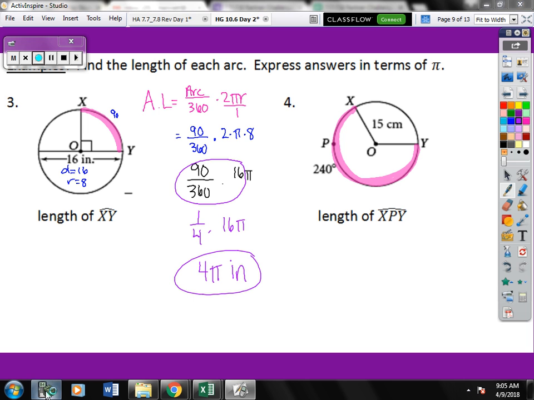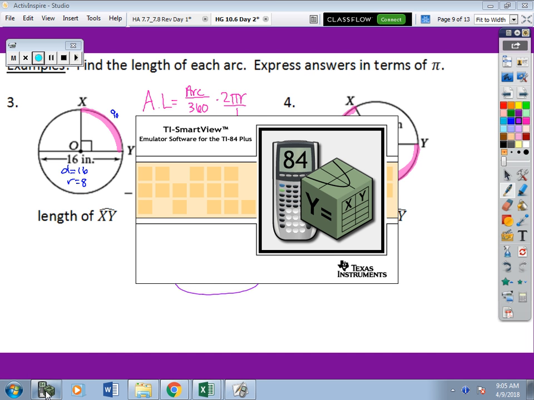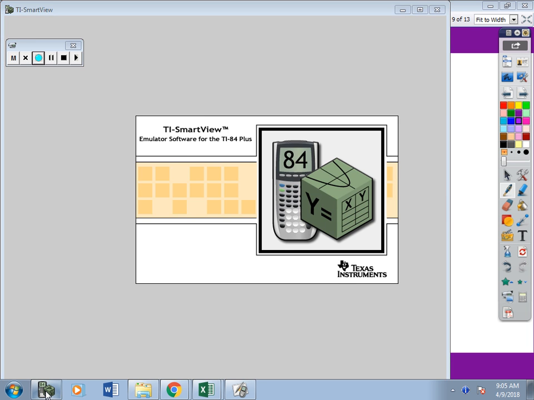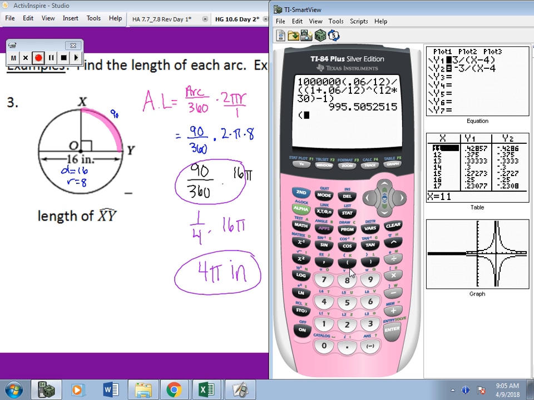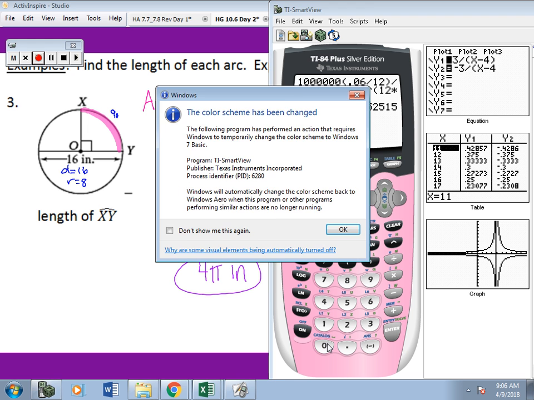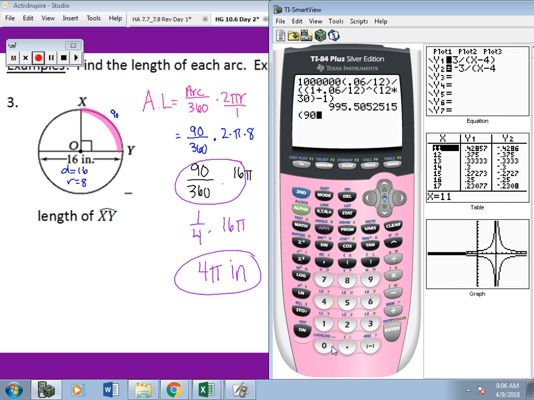But again, if you wanted to in your calculator, you could actually type 90 divided by 360 as a fraction times 16, for those of you that need to. And you would just get, whoops, I forgot my 0.